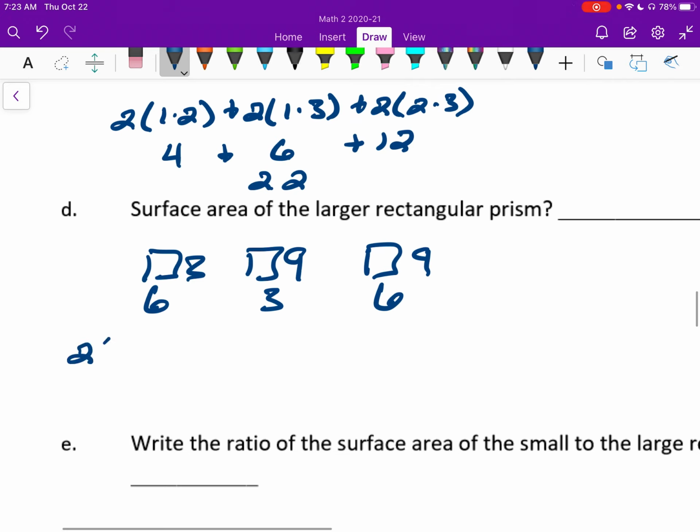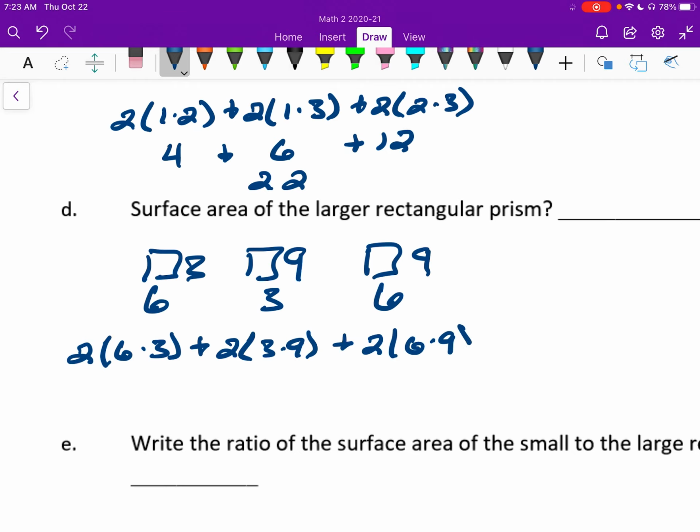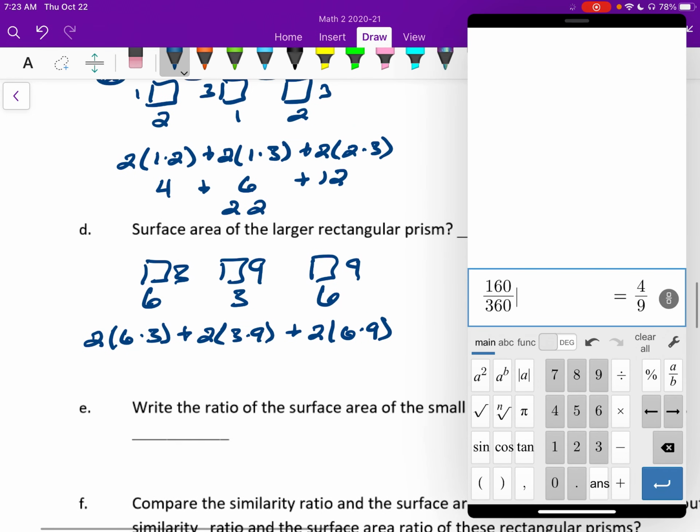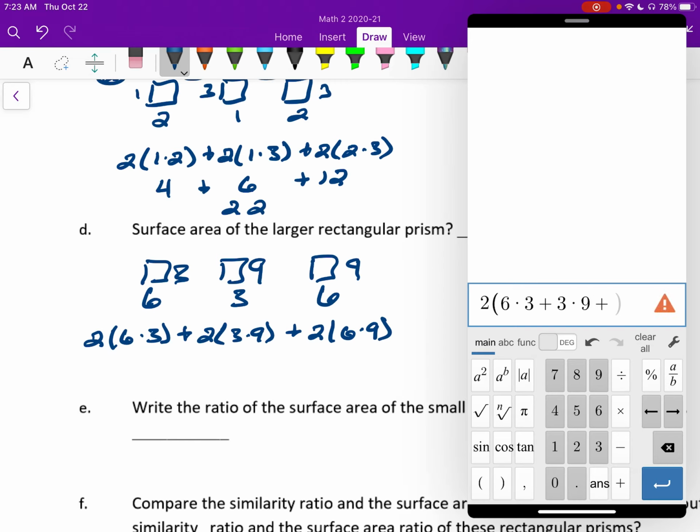So I've got 2 6 by 3s, 2 3 by 9s, 2 6 by 9s. I'm going to type these in. I'm going to put 2 and then big parentheses around the whole thing: 6 times 3 plus 3 times 9 plus 6 times 9. And I got 198.